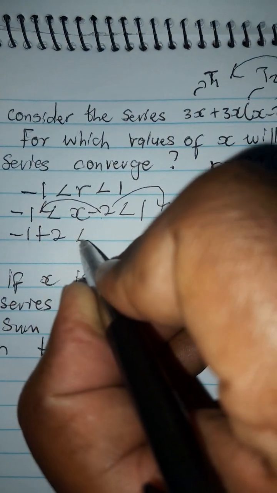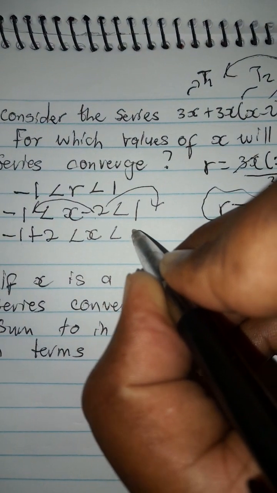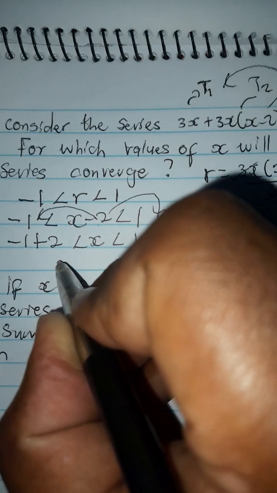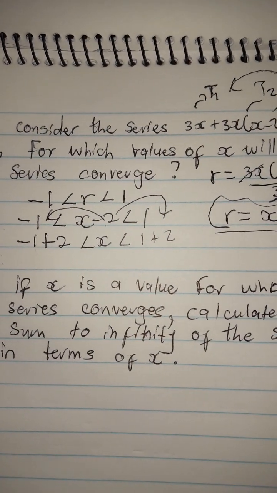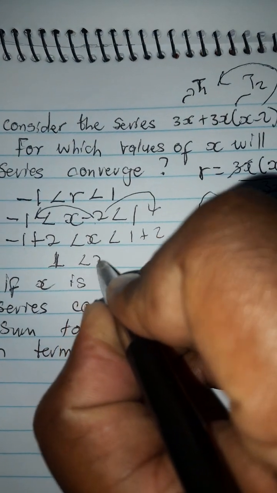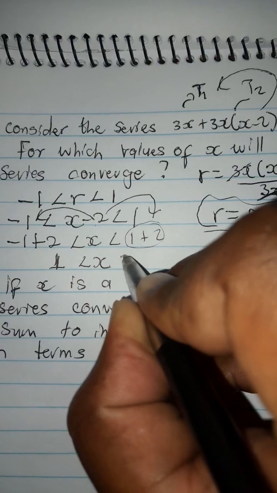So this will be negative 1 plus 2, which will leave x here, as well as 1 plus 2. So what is negative 1 plus 2? It's the same as saying 2 minus 1, which will be 1. So what is 1 plus 2? It's going to be 3.